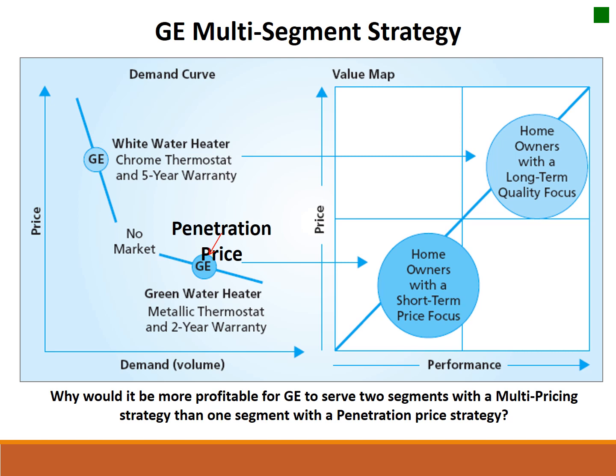If we look at this, the way this curve is sloped downward would suggest an inelastic type of pricing sensitivity. Then there's another market segment that's very price sensitive that would be willing to have a shorter term solution as opposed to a longer term solution.